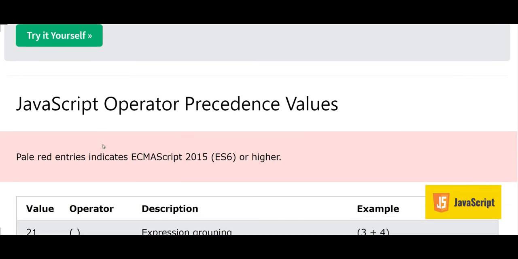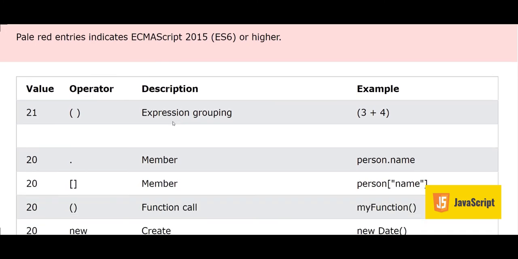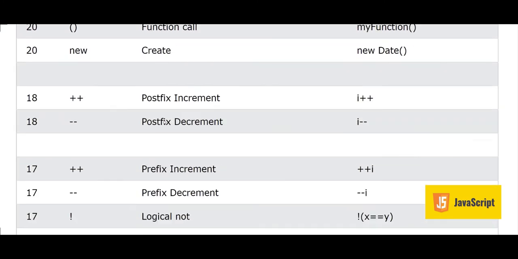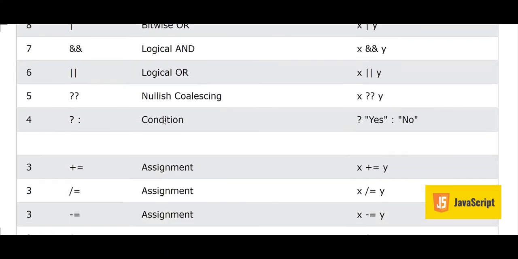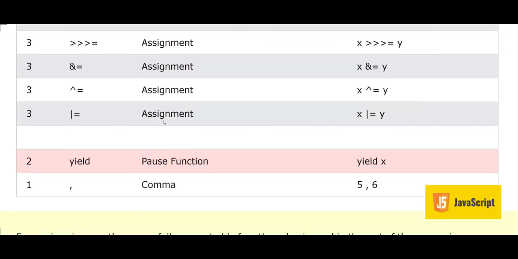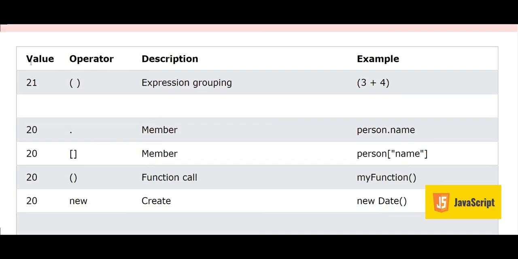Next we have a lengthy table which shows all the JavaScript operators and their precedence values. The entries in the table are from ECMAScript 2015 or higher. The value indicates the precedence level.